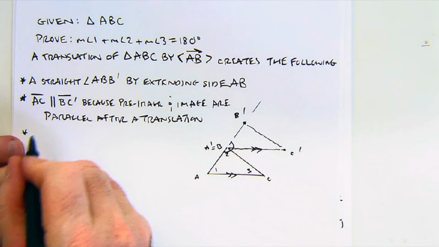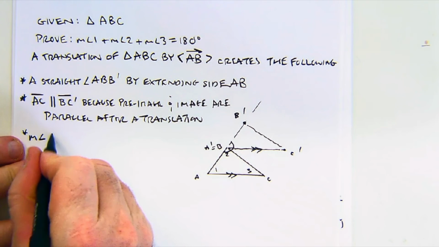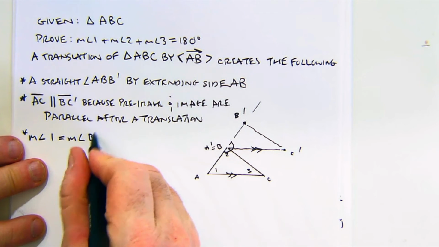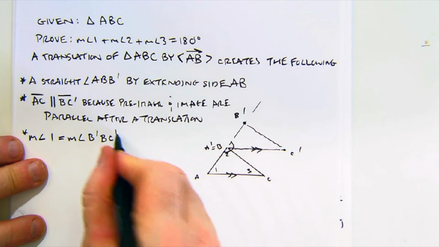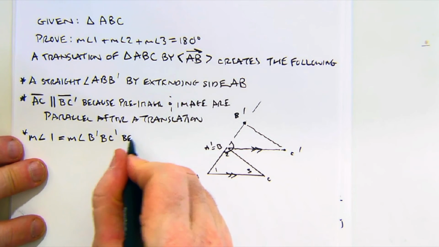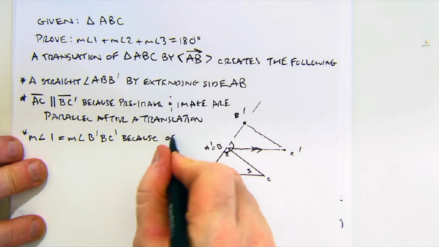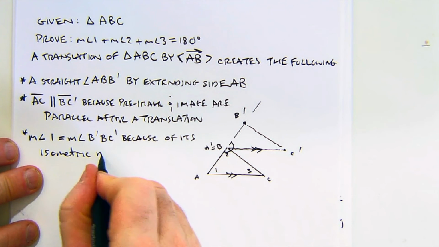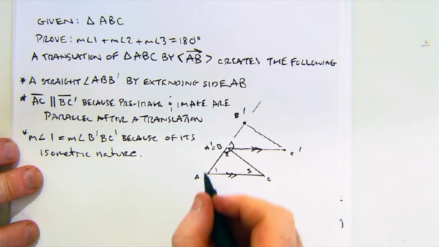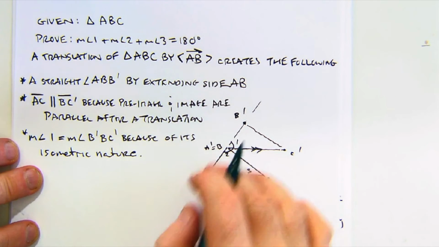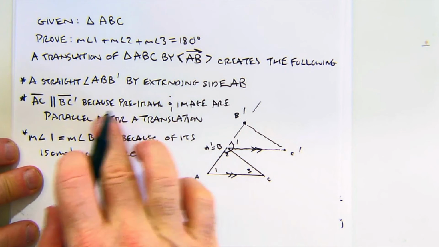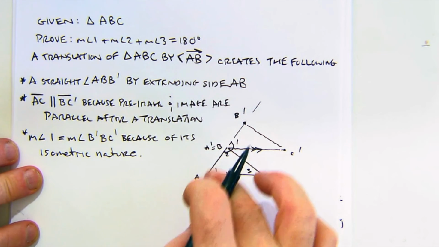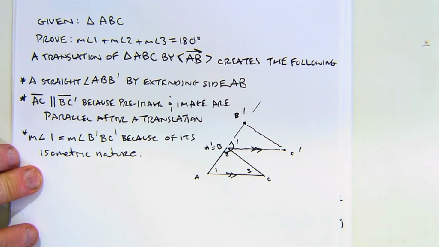It also tells me that the measure of angle 1 down here would actually have to equal the measure of B prime BC prime, because of its isometric nature, which we know that if you translate the pre-image, just like what I said up here about the pre-image and image, the pre-image and the image have to be equal when we're all said and done.